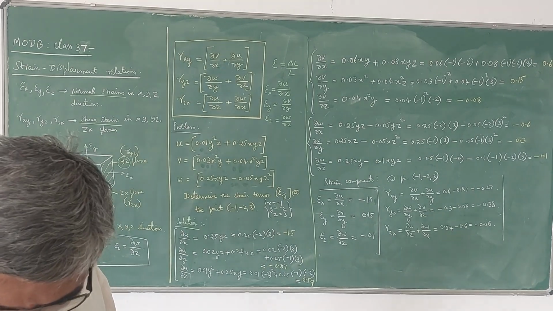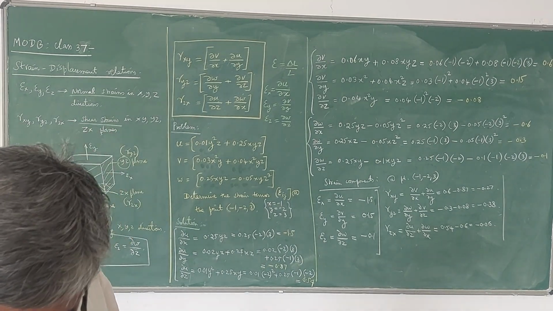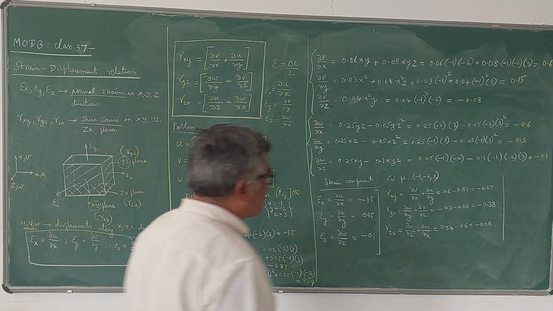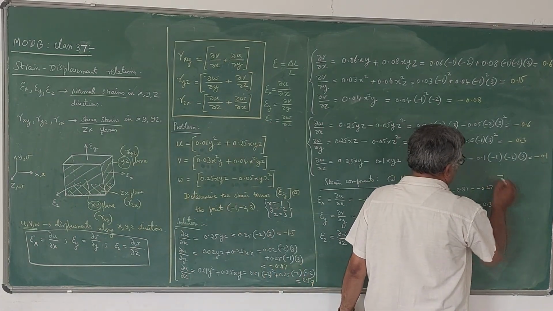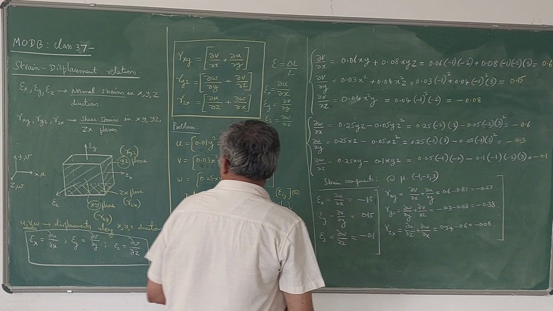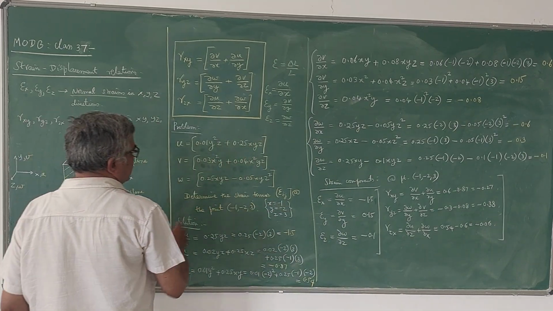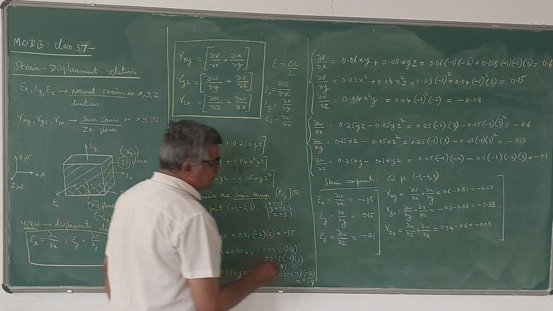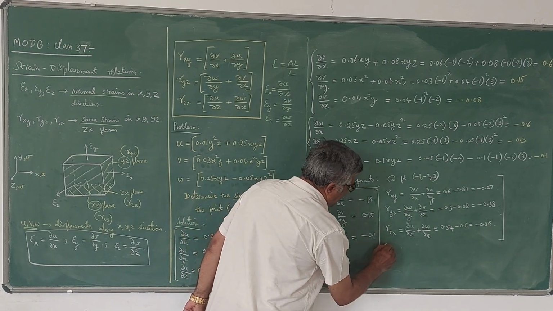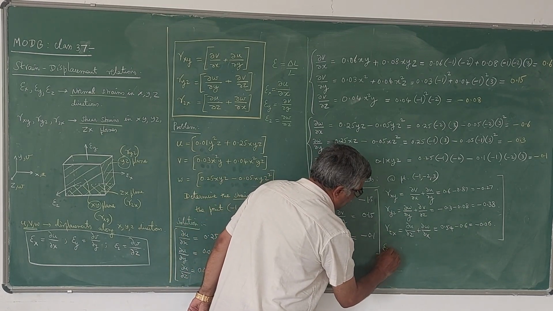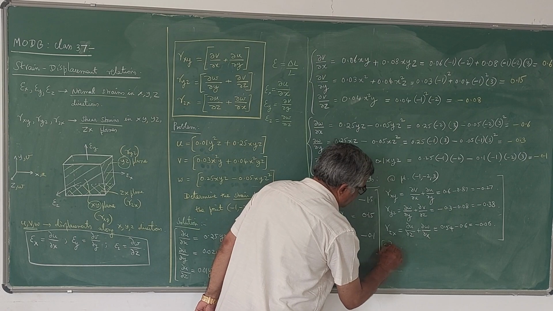So now let me write this in tensor form. Since you have asked the strain tensor, so obtain the strain tensor is asked. So strain tensor is given by epsilon ij. So this is how strain tensor is denoted.